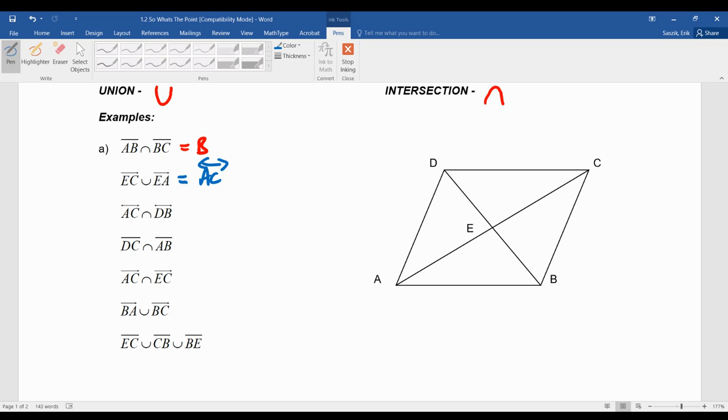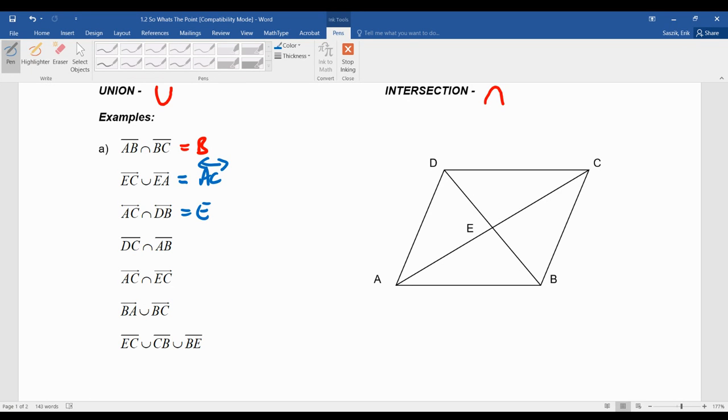All right. Next one, we have the intersection of two lines, AC and DB, and clearly the intersection of those is point E. I'm hoping you're already getting the hang of this. This shouldn't be that hard, but it always causes more difficulty than I expect.